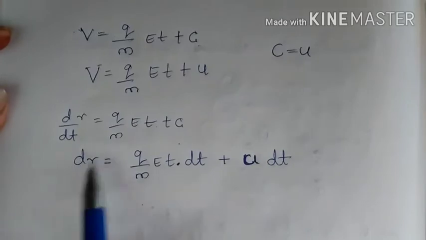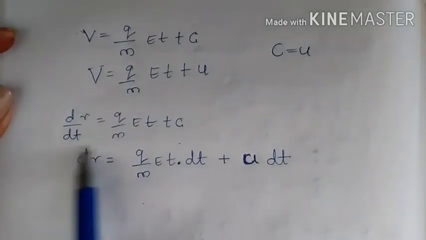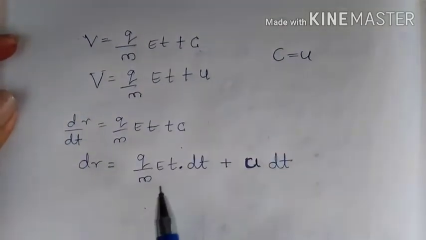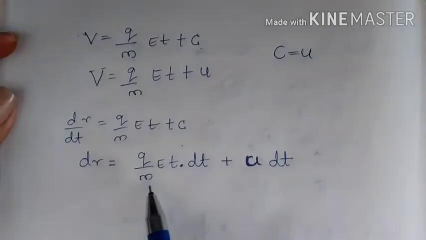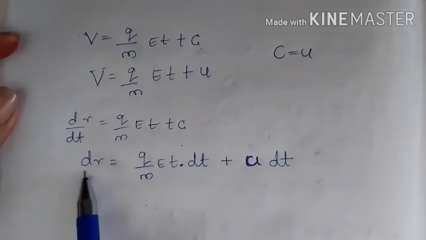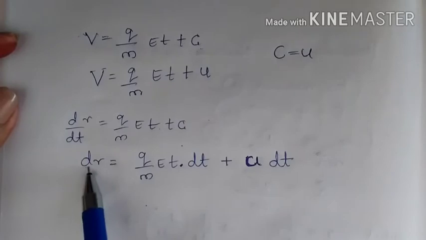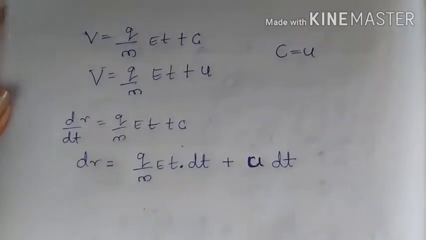What I have done is just sent this dt to the right-hand side of the equation. Now again you have a dr here. To eliminate the differentiation, we need to take the integration.